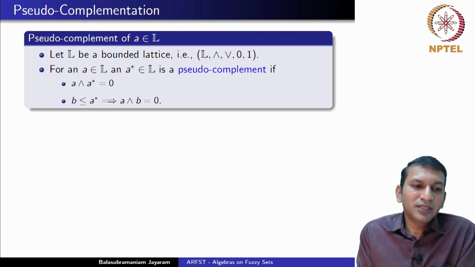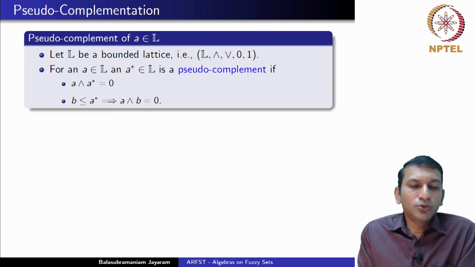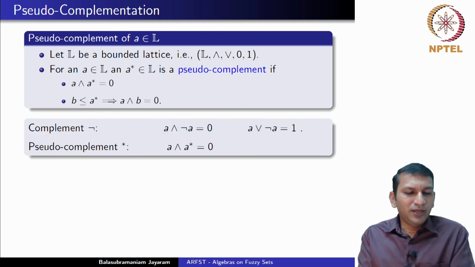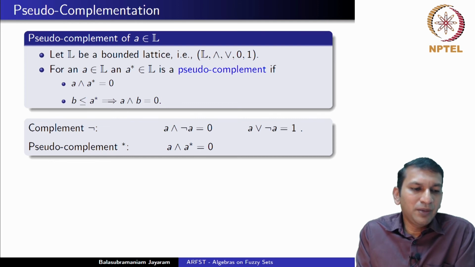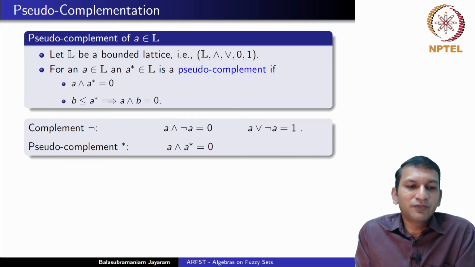However, notice that there are also other elements such that the meet of A with those elements also are 0. So in short, a pseudo complement of an element A is the largest element such that A meet that element is 0. Now let's compare the concepts of complement and pseudo complement. For pseudo complement, we have only the first condition, not the second one.